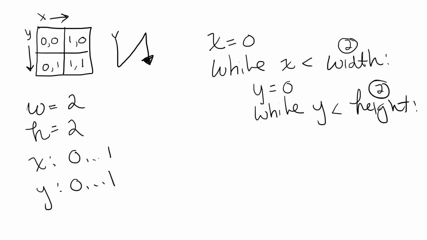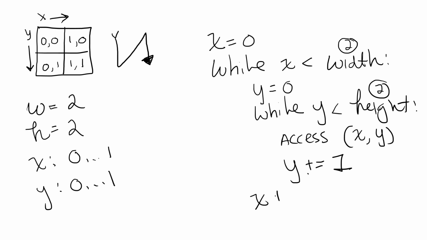Again, height is 2. Access x, y. Y plus equals 1. X plus equals 1. So again, we can think of it in the same way we did before, but we just invert x and y.